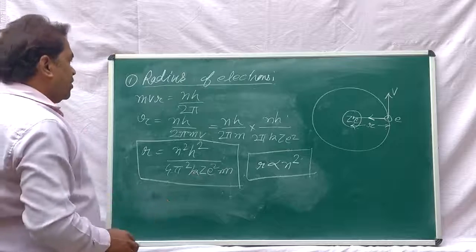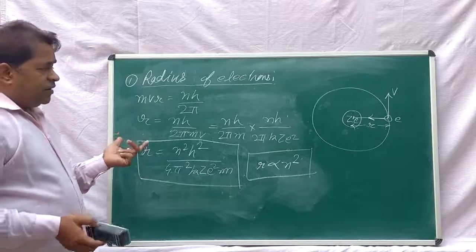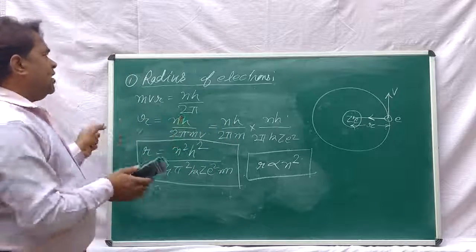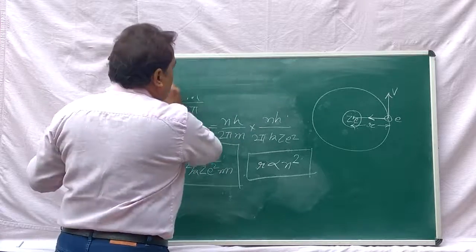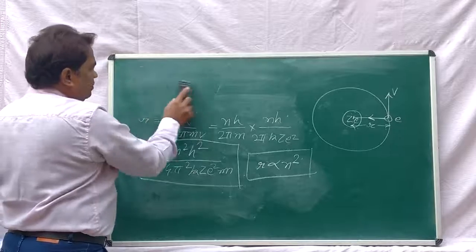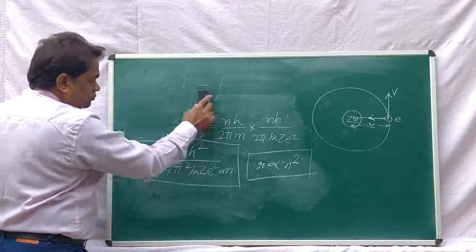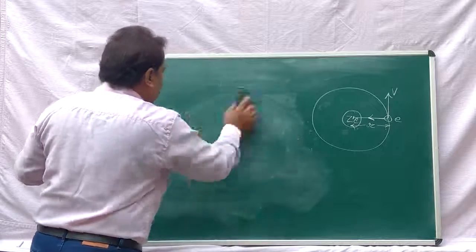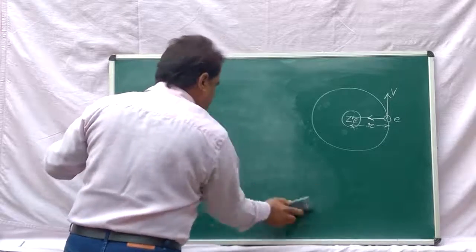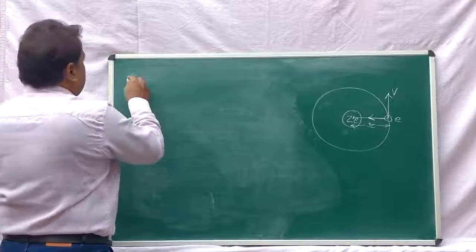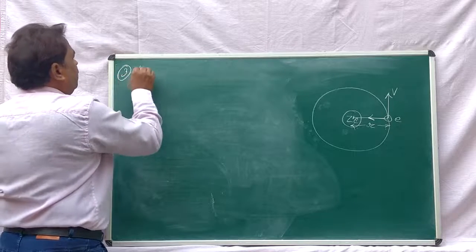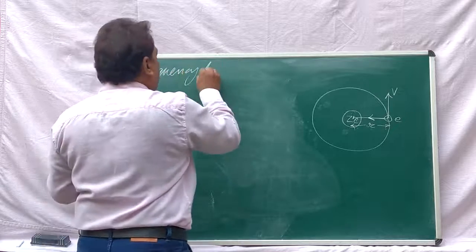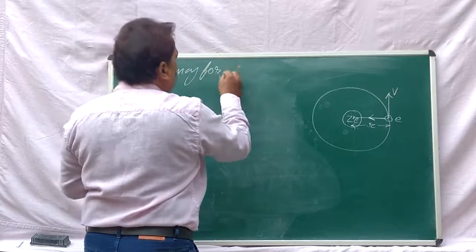Now we are going to find out the formula for frequency of revolving electrons. This is the third one, frequency for revolving electrons.